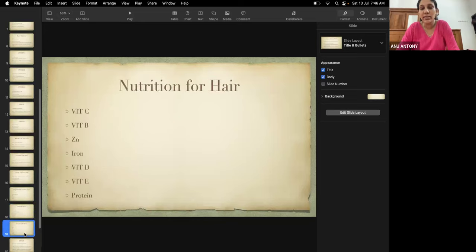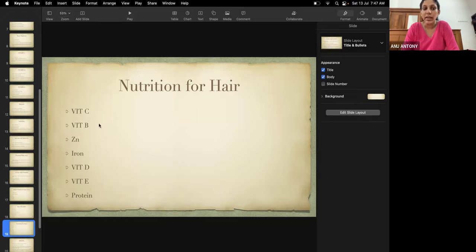Now, coming to the basics of nutrition, as I mentioned, same as for the skin, vitamin C. The best source is amla, which we give. So you can see in every hair oil also there is amla. Eating amla every day helps in the rejuvenation of hair growth also. Then zinc, vitamin D, vitamin E and protein, whatever sources we have discussed.